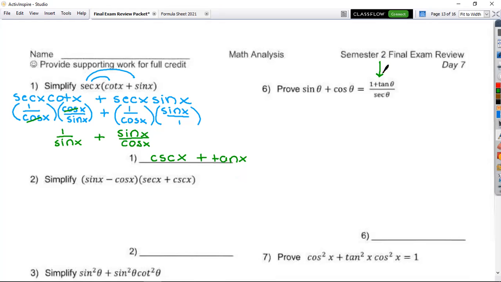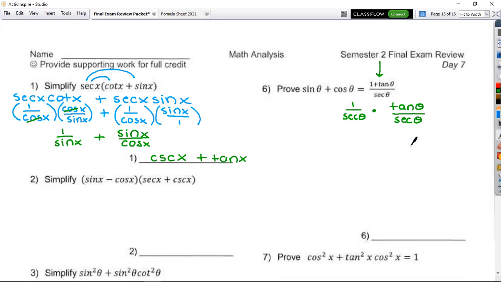So the first thing that might be helpful to do is take this and split it. So I'm going to rewrite it as 1 over secant of theta, and then times tangent of theta over secant of theta. So you just broke it apart, basically.